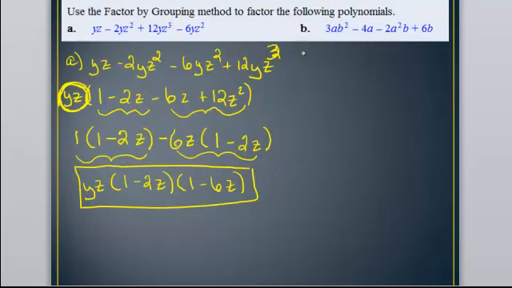So for B, I'm going to have 3ab squared minus 2a squared b. And then over here, I'm going to have a minus 4a and a plus 6b. Well, let's do this smartly. If I factor these two, I would have to factor out an ab.